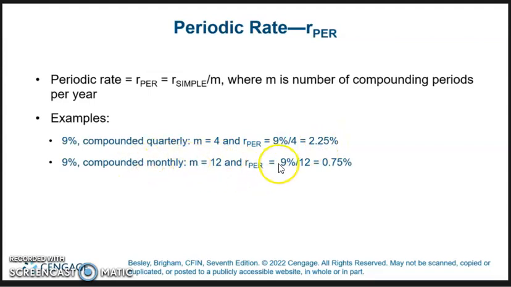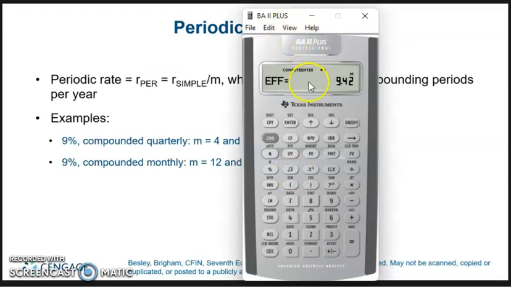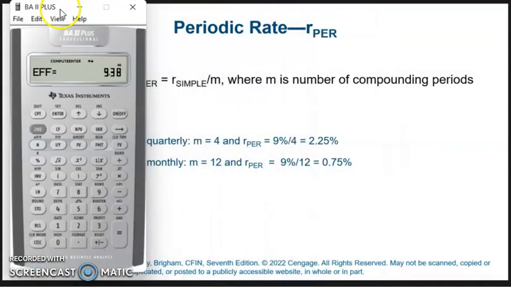If we do monthly, that's 0.75% per month. If we go back to our calculator, we can go down here and do 12 as well. 12, enter, and then go up here and hit compute, 9.38%. So, not surprisingly, the effective annual rate of monthly compounding is greater than quarterly and less than daily.